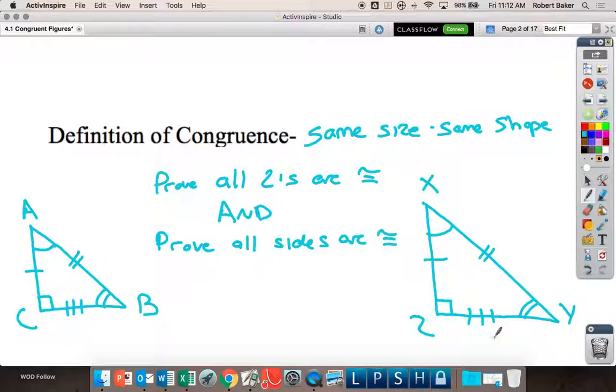So the rest of the unit is you guys getting the ability to do this. But at the end of your proof, you should have something like this done. And then you're going to write a congruency statement. Triangle this is congruent to triangle this. You have to write the congruency statement.